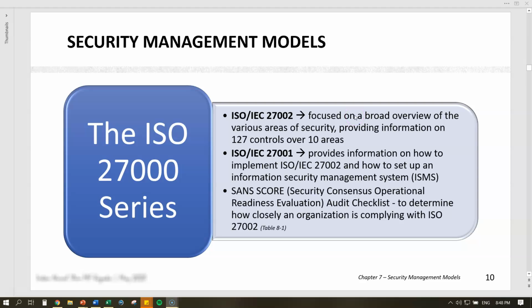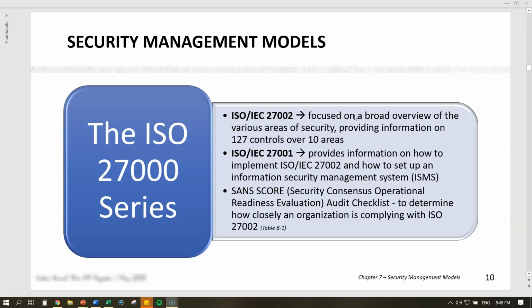The next type of this security management model is ISO IEC 27001, which provides information on how to implement ISO IEC 27002 and how to set up an information security management system ISMS. And these security management models use SANS SCORE, which is a Security Consensus Operational Readiness Evaluation Audit Checklist, which is to determine how closely an organisation is complying with ISO 27002.